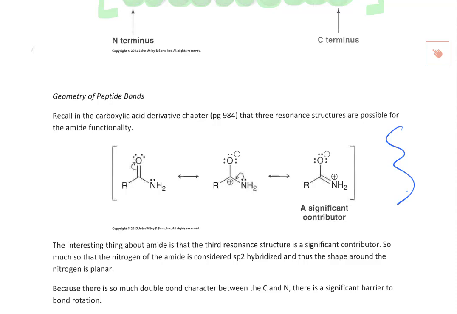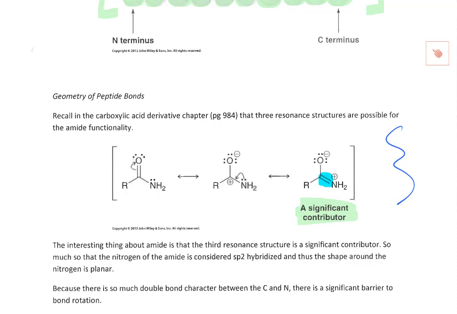And so here is our set of resonance structures for your amide group. And notice this last one here. This last resonance structure is actually one that contributes rather significantly to the resonance hybrid. Now, that's important to know because notice how in this resonance structure, you have a pi bond between the nitrogen and the carbon, that alpha carbon.